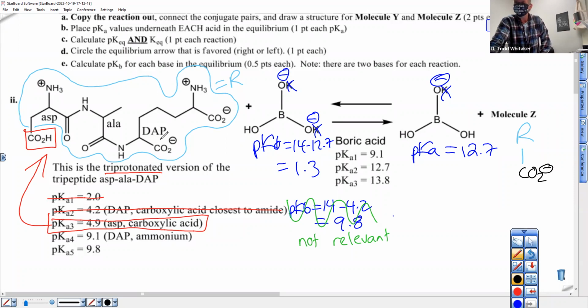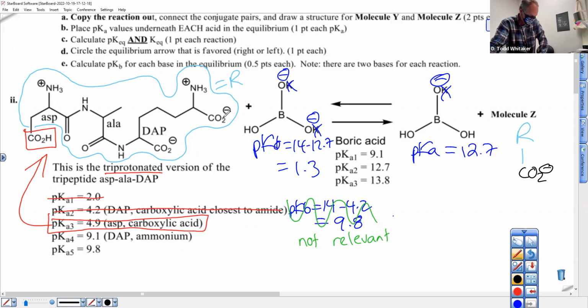R's are very useful, but only if you use them properly. You're not allowed to use them improperly. If you're going to say R, you better tell me exactly what R is. R is everything up to but not including the CO2H. That's what the blue said. Okay, there you go. You saved yourself a lot of time, didn't you? That's 2 points for that.